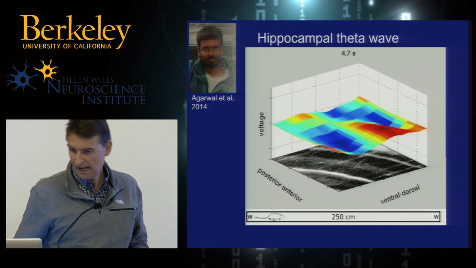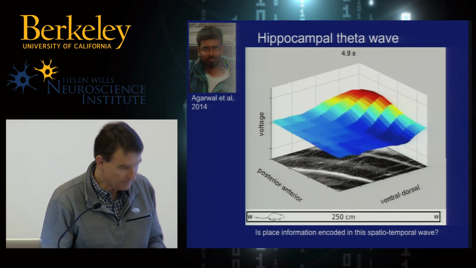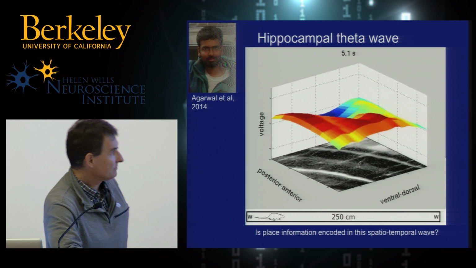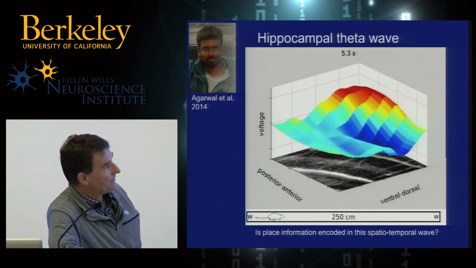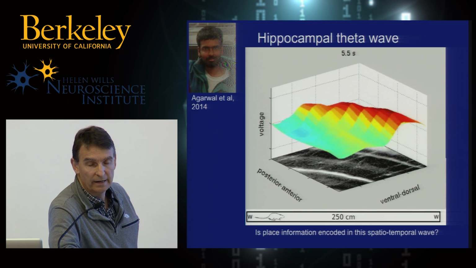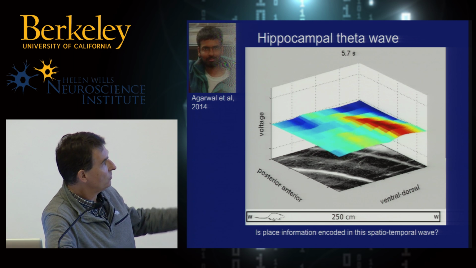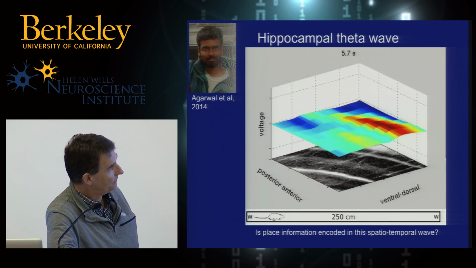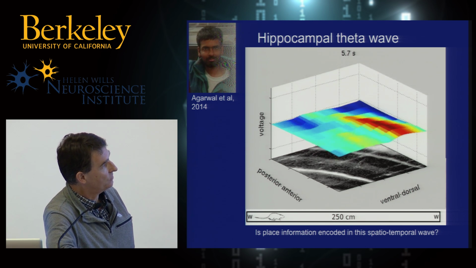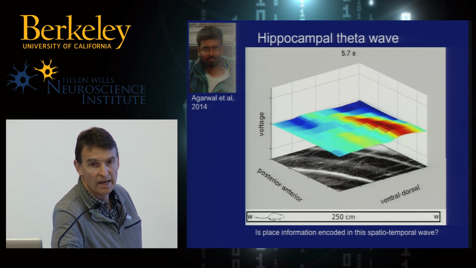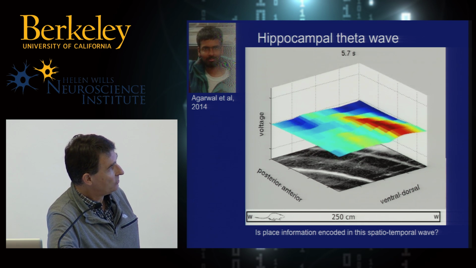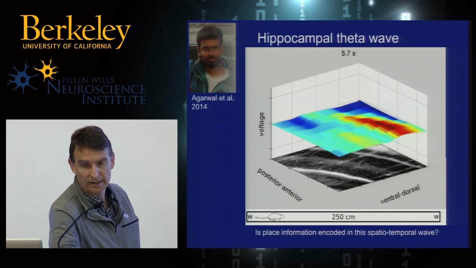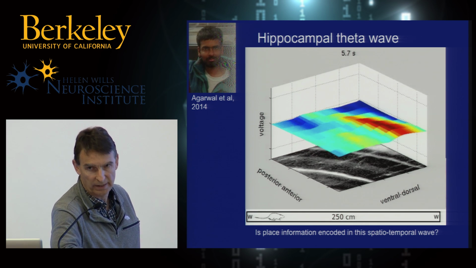And so what we asked with Gautam was, well, we know that there is relative place information encoded if you know the spikes and you know the relative phase to the theta rhythm. But if we have a spatio-temporal structure of this hippocampal wave, can we decode the behavior of the animal?